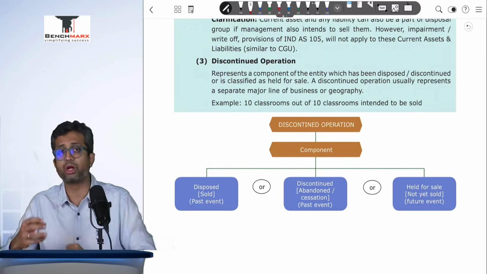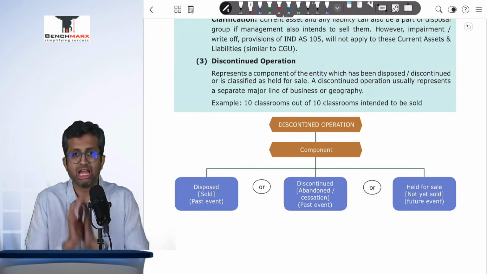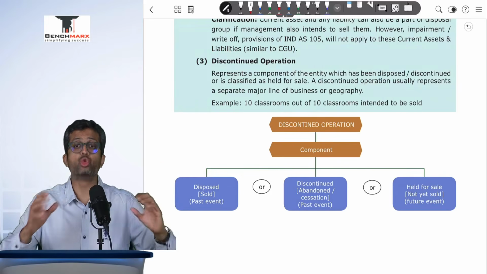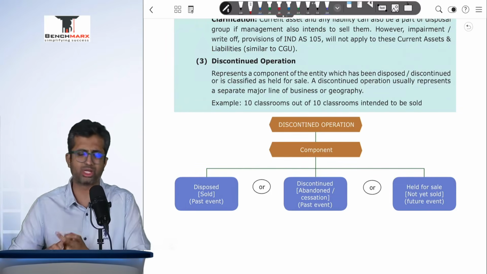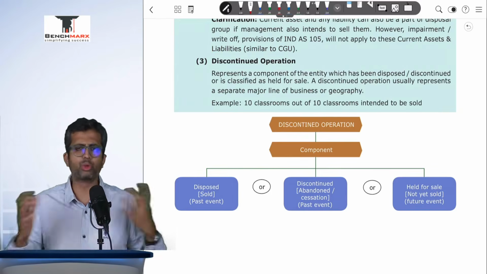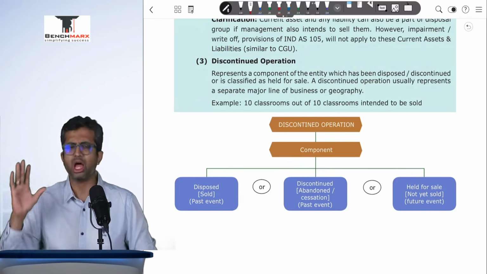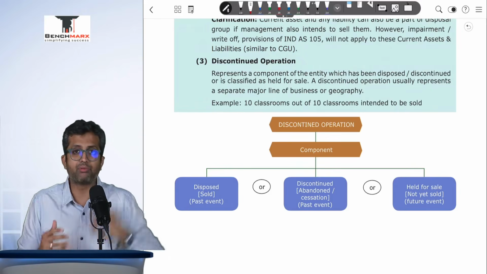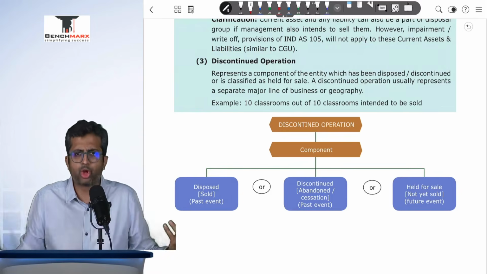However, the idea of showing something as a non-current asset or a disposal group which is held for sale is largely to ensure that you do proper accounting, like items such as PPE, intangibles, investment property, goodwill, for example. All of these items are shown as per the respective standards, Ind AS 16, 38, 40, etc. However, in most of these standards, you don't compare it with the market value because you don't intend to sell them.